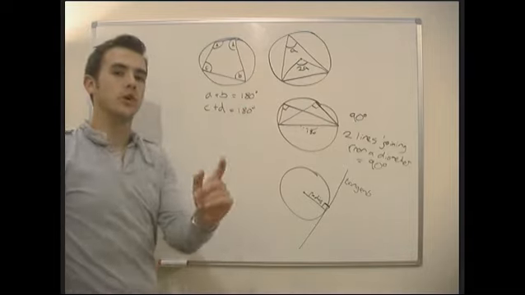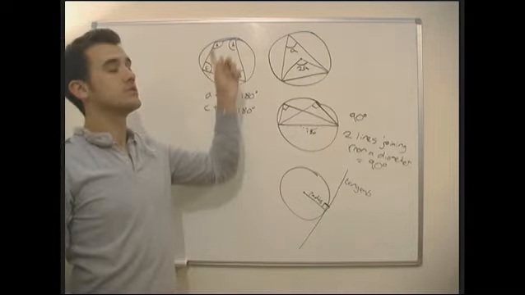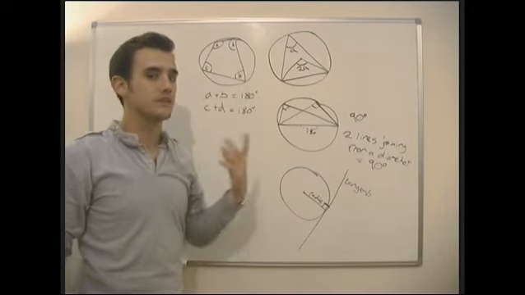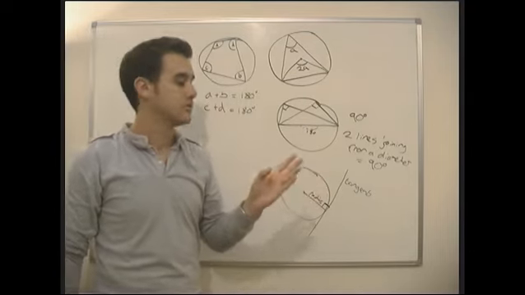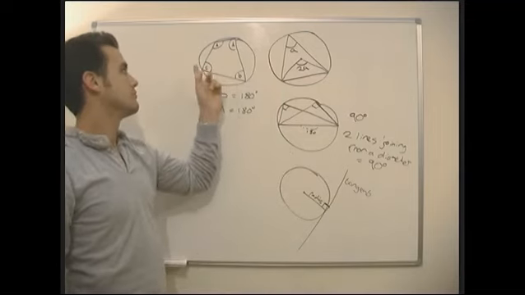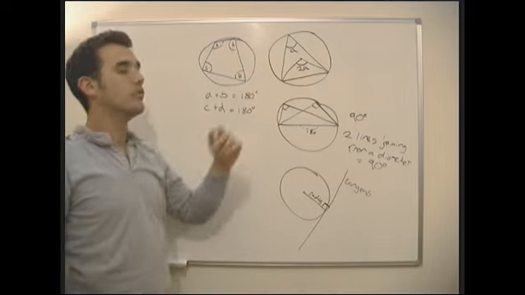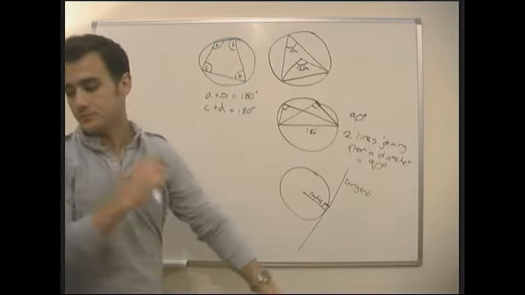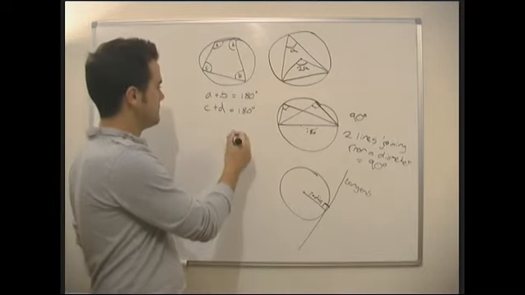Okay, that only works for a quadrilateral that you can fit inside a circle, where all corners are touching the circle. That doesn't work for any other quadrilaterals. Only in a cyclic quadrilateral that all four corners touch a circle. Okay? Not much left.